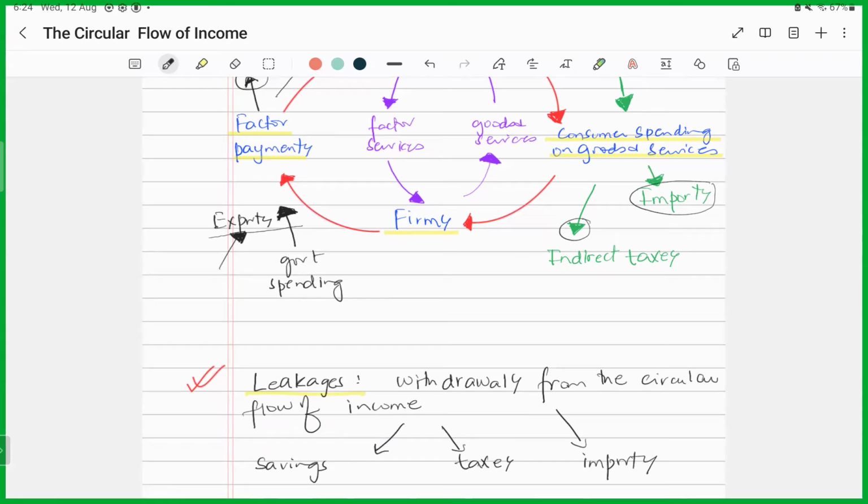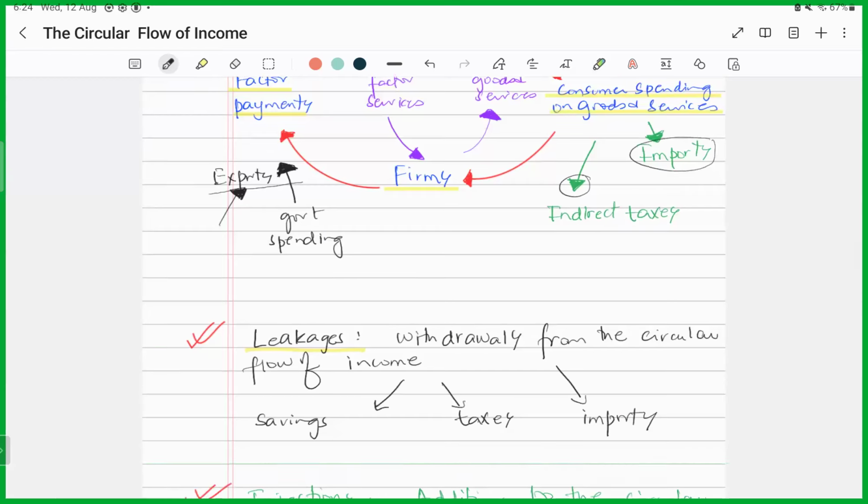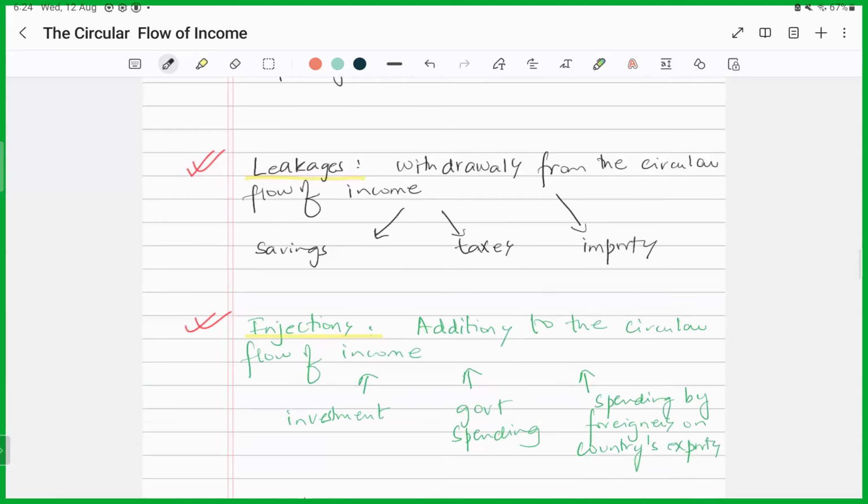Injections are additions to the circular flow of income. When you add on to the circular flow of income, this means what? This means these are extra items of spending, right? In the form of investment made by firms. Government is going to be spending on infrastructure, on subsidies, right?